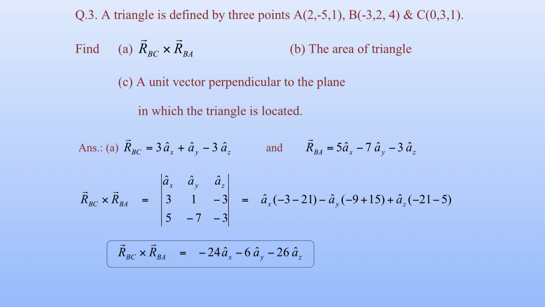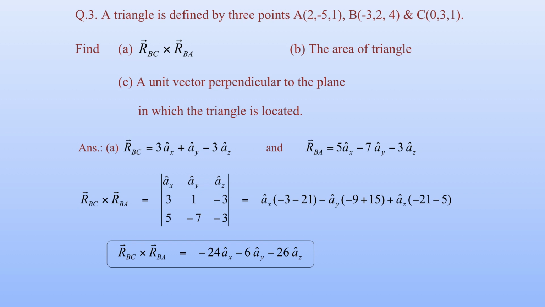3AX cap plus AY cap minus 3AZ cap, and vector RBA similarly can be obtained as vector RA minus vector RB, so that is 5AX cap minus 7AY cap minus 3AZ cap. By definition of cross product for the two vectors in Cartesian form, we have to write a determinant wherein the first row is occupied by AX cap, AY cap, AZ cap.